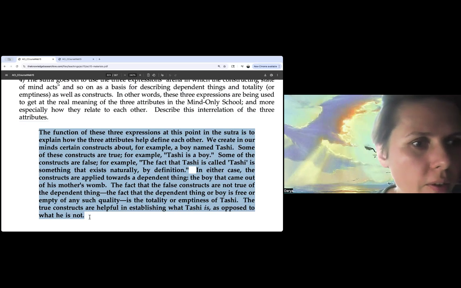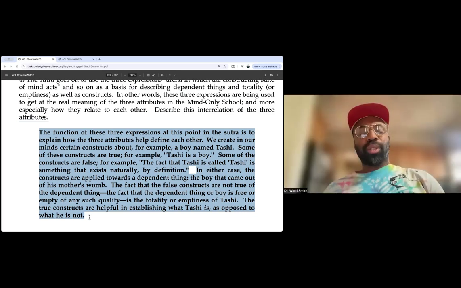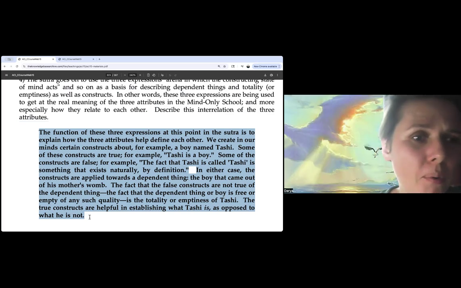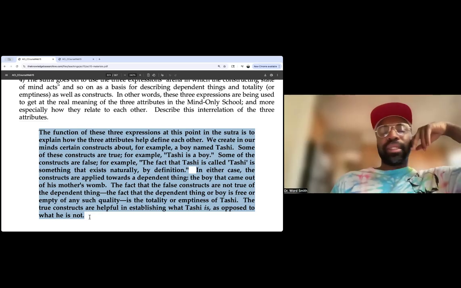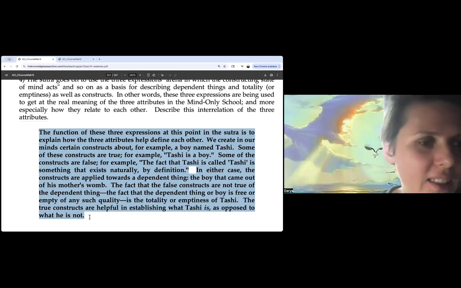The function of the three expressions at this point in the sutra is to explain how the three attributes help define each other. We create in our minds certain constructs about, for example, a boy named Tashi. Some of these constructs are true.